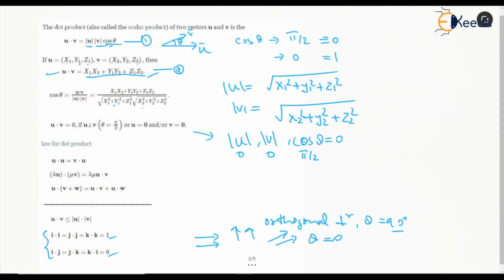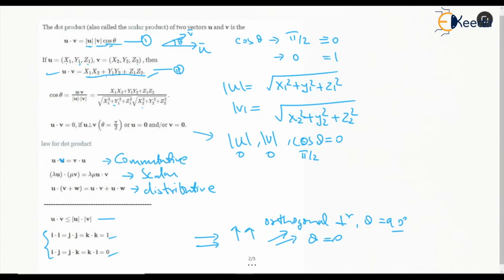Apart from that, u dot v and v dot u are, sorry, this is commutative. A scalar multiplication is giving the same result, and this is distributive.